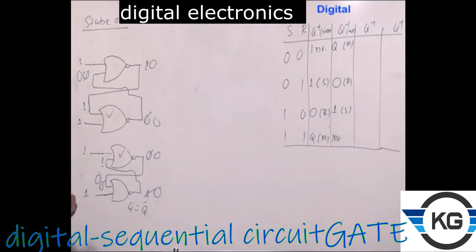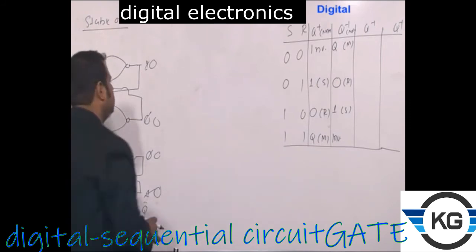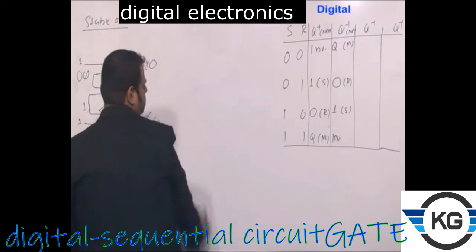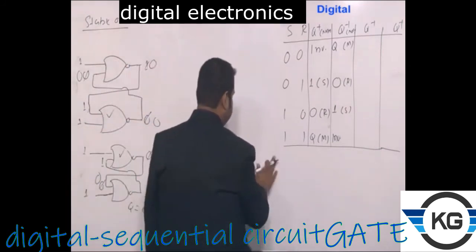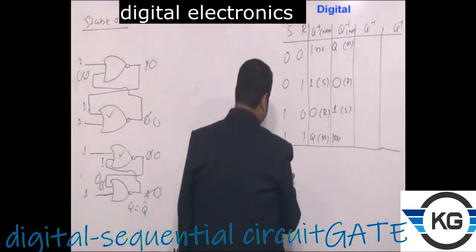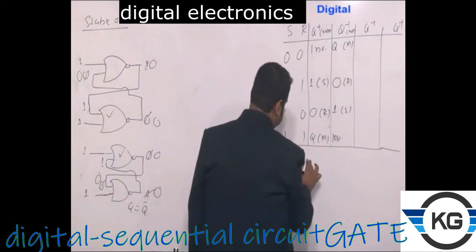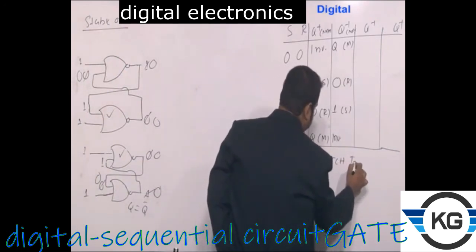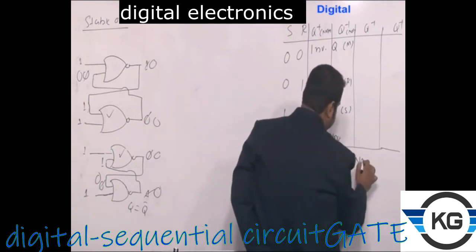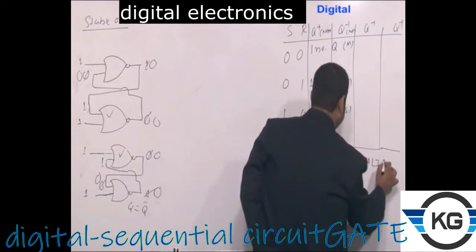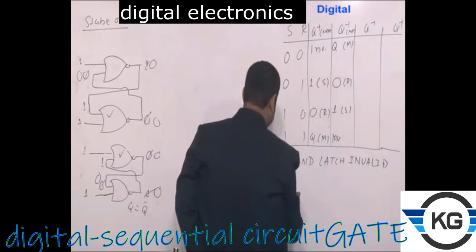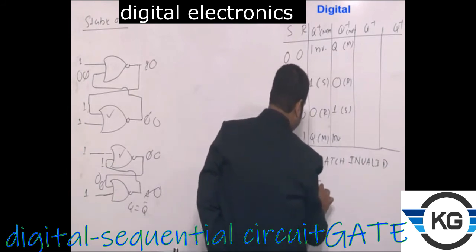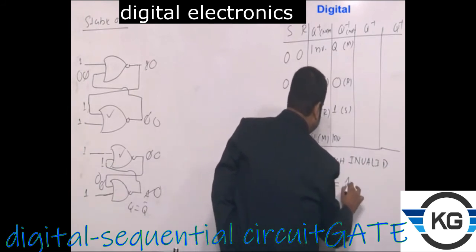But one last observation I want to give. We got this question in instrumentation. You can observe here, in the NAND latch, invalid state, Q equal to Q bar equal to 1.